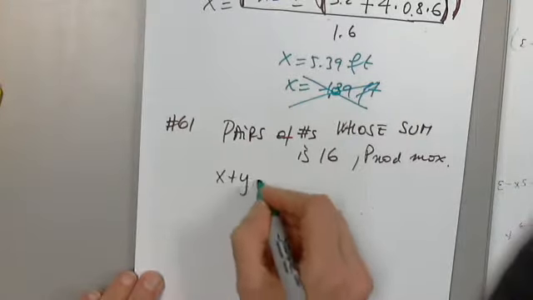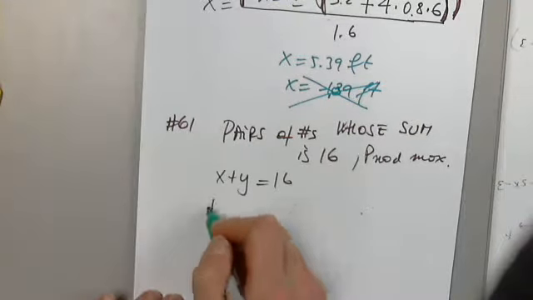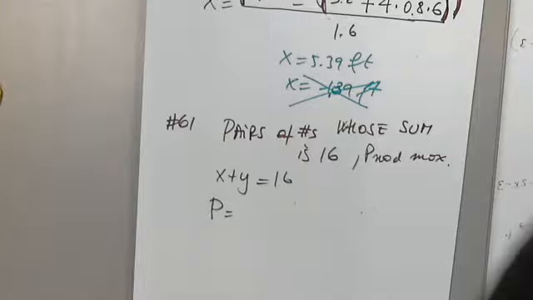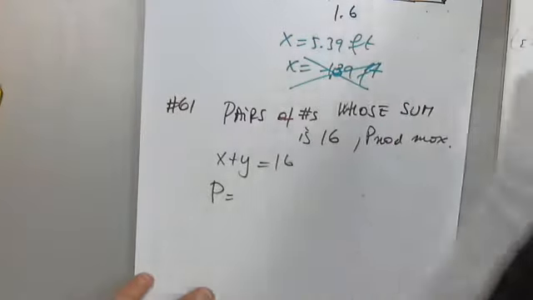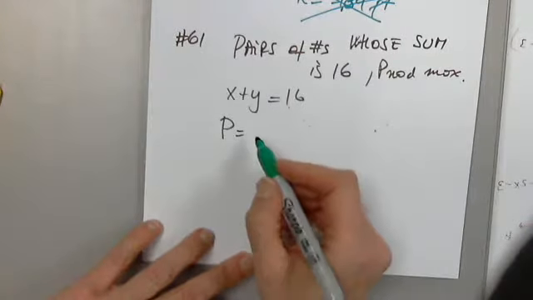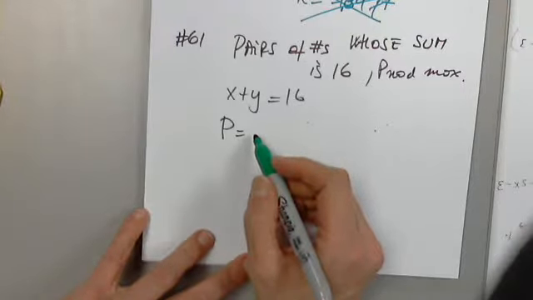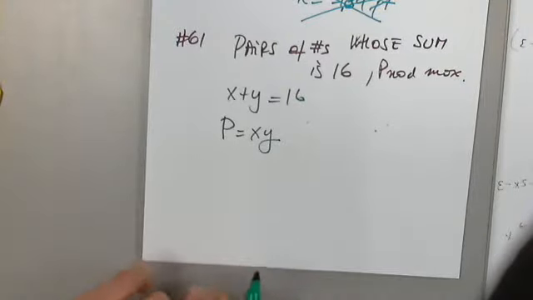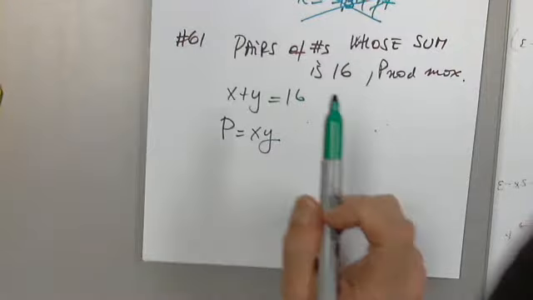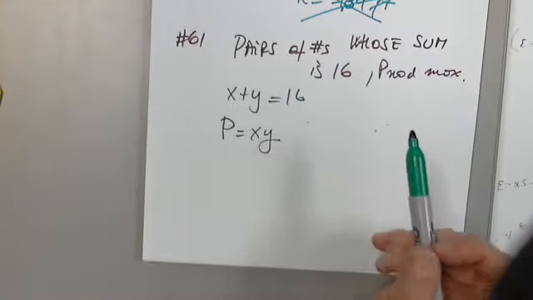Very good. Now give me the product of these two numbers that are unknown. How do I create the product of these two numbers? What does it equal to? If it says product. XY, very good. Perfect. So let's see again what we are told.